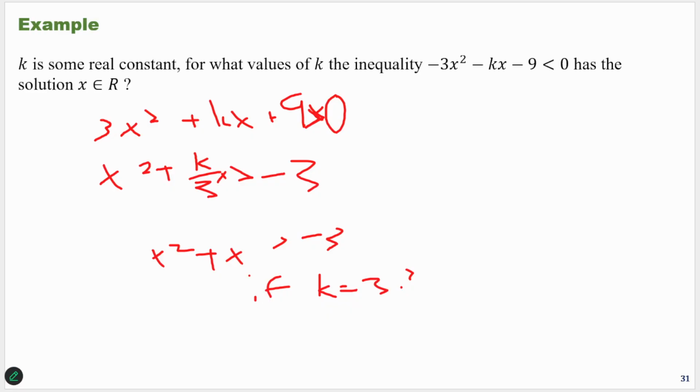Okay, from this step to this step, how do you get there? Oh, I just use the random value k. Okay, x squared plus k over 3x is greater than -3, right?